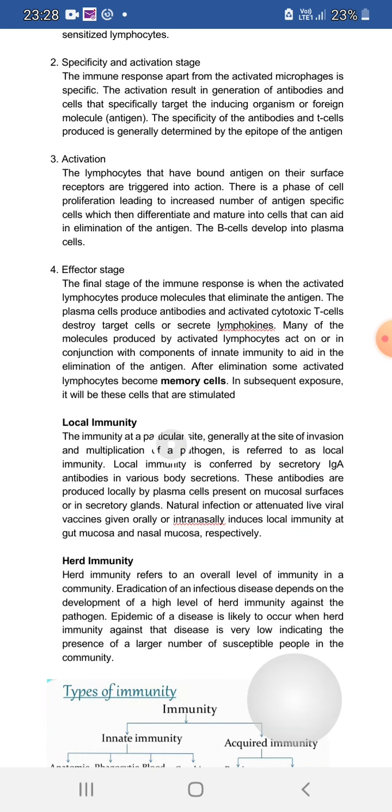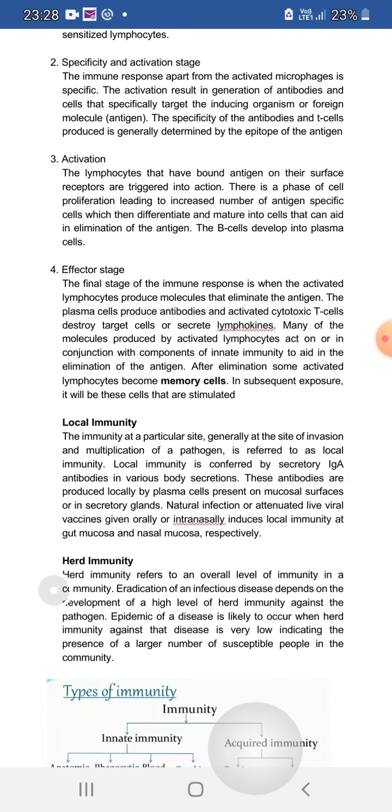If it is the nose where there is an infection, then immunity at the nose, that particular area of infection, is called local immunity. So this one is mainly in the body, and sometimes on the body surface. We look at types of antibodies. Now what is called secretory IgA, just don't mind about it, but that's what we mean by local immunity.